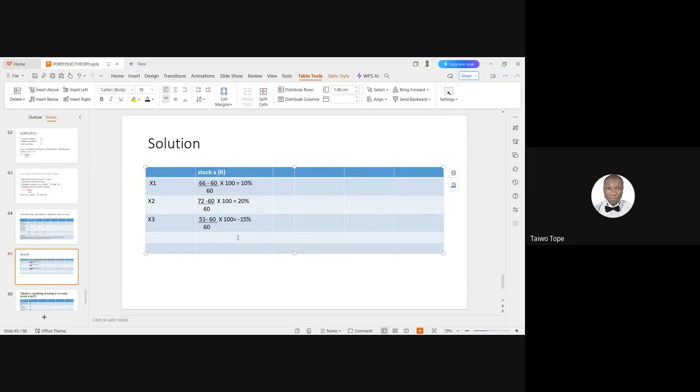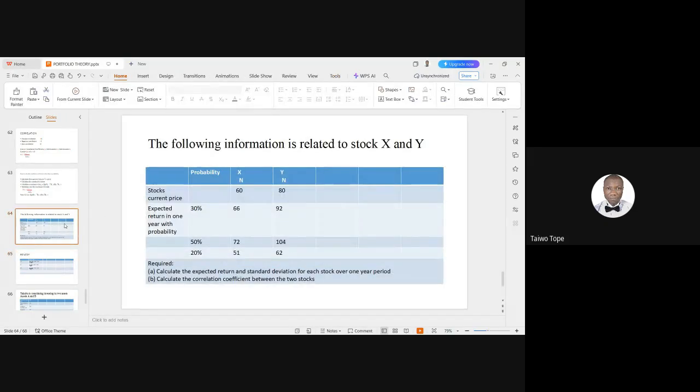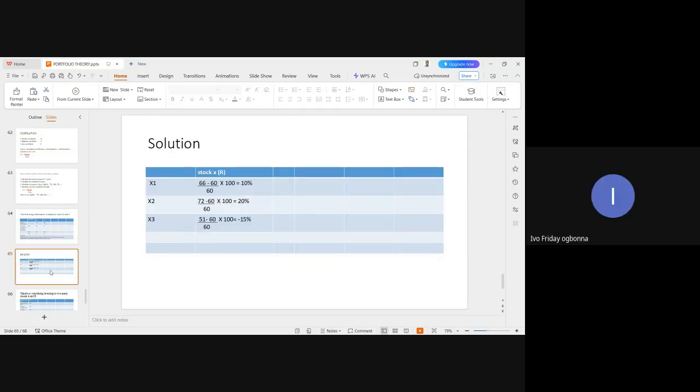When you multiply by probability, when it is X1, the probability is what? 30%, 0.30.